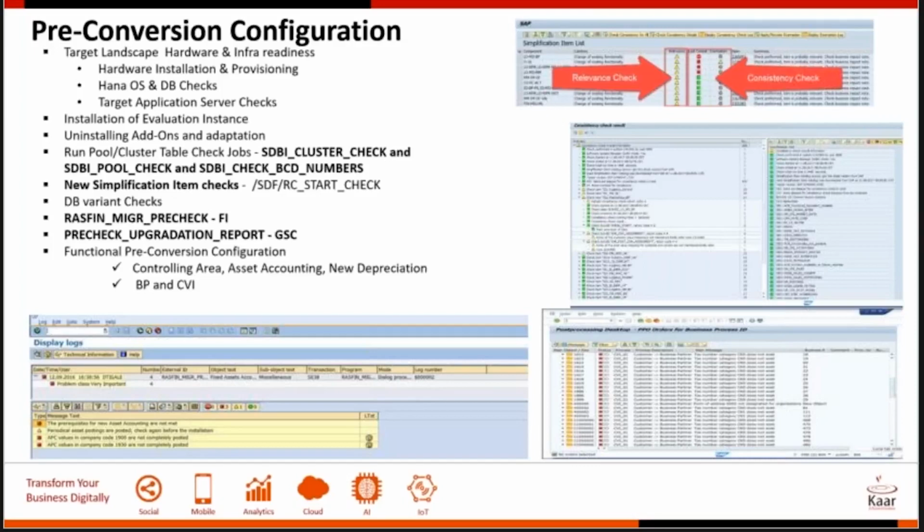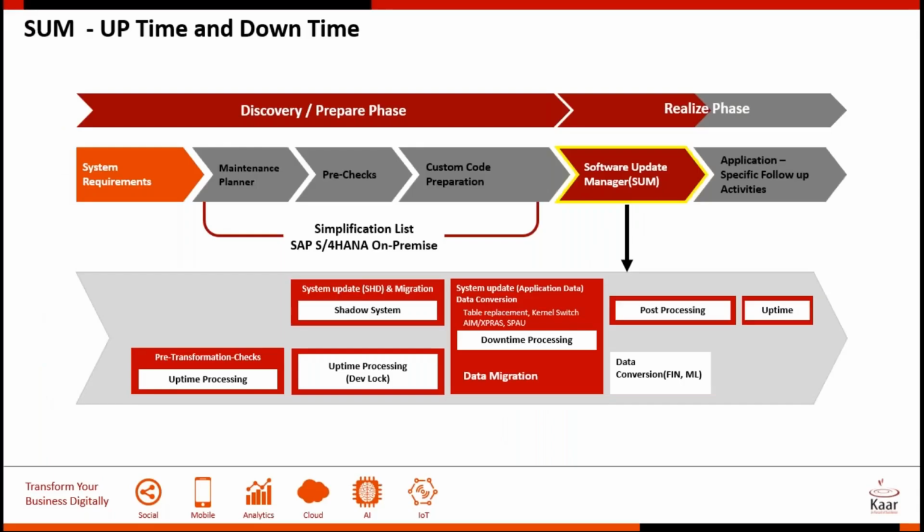And then you step into the SUM. This is a tool all basis people are familiar with. It is primarily divided into 2 phases: the uptime and the downtime. The uptime activities run while the system is still accessible, so you can start this possibly a week or two before the actual downtime starts.